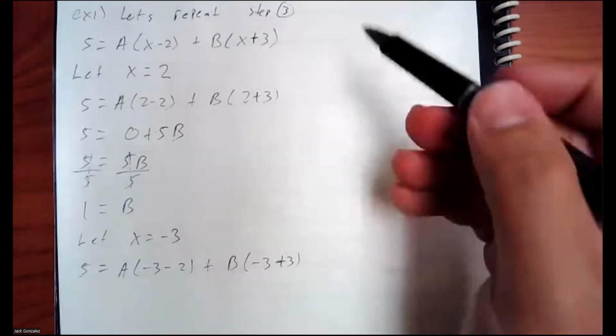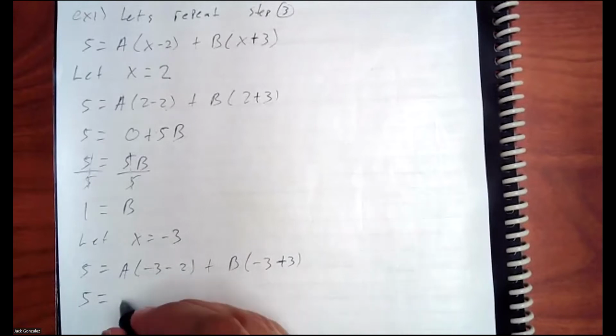But I need you to know that the one I showed you first always works. This method can be a pain if you use it at the wrong time. If you use it in an example like this, then it's super easy, but it has to be the right example. -3 minus 2, and that's 0. So solve for a, and you see that a is going to be -1, right?